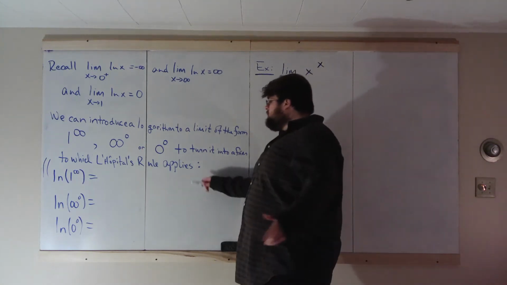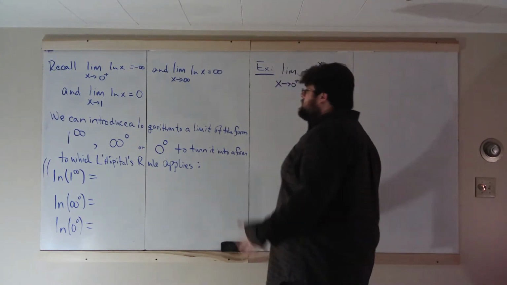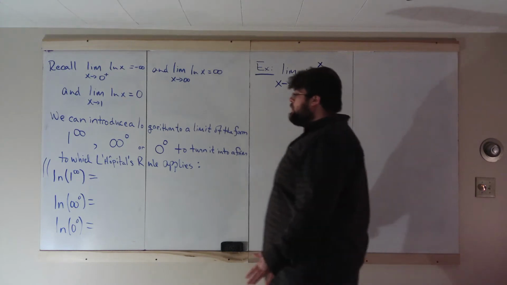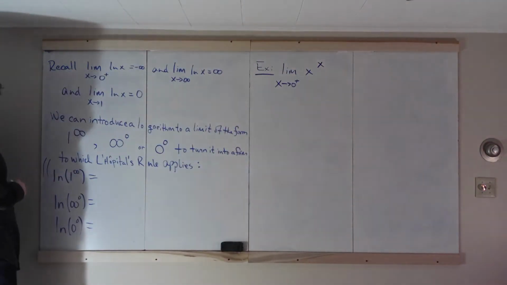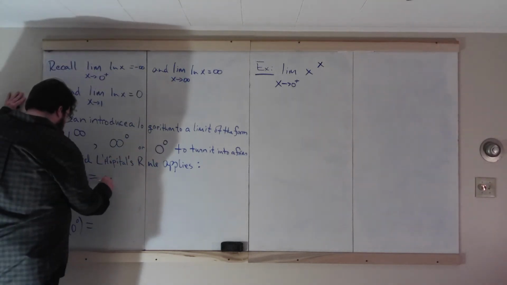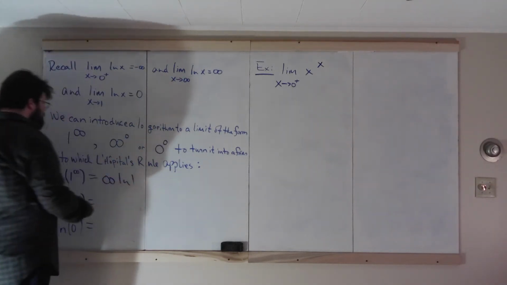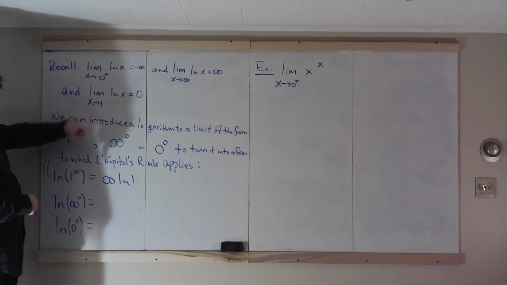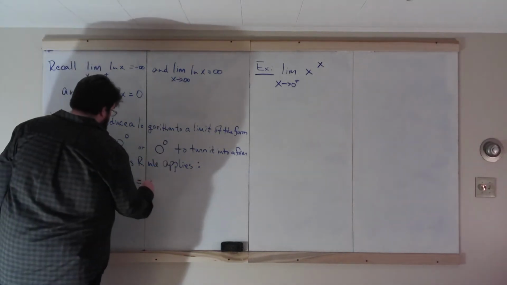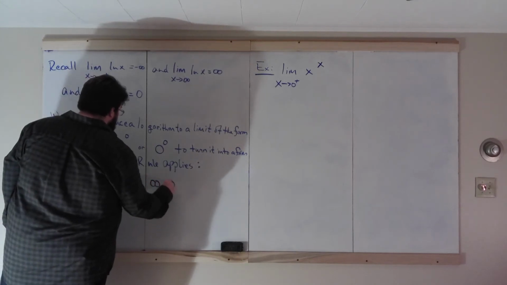Well, again, we have three strings of equalities. These are all symbol manipulation equalities. What if we threw a log on 1 to the infinity? Well, we'd get infinity log 1. What's infinity log 1? Well, log 1 goes to 0. Infinity times 0.